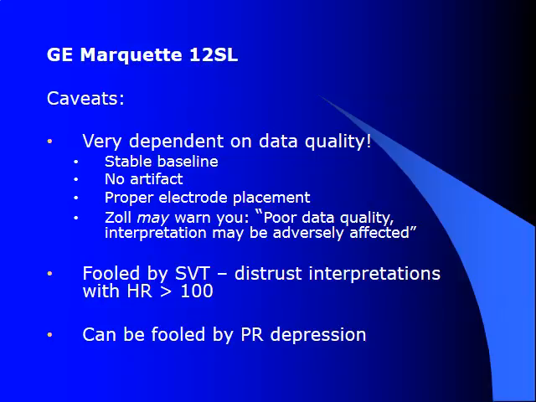For example, out of the Zoll handbook here, you have this quote: poor data quality means interpretation may be adversely affected. So we need to be very cognizant of that as we're placing our leads, and we'll talk about a few things that we can do to minimize poor data quality. A couple other things: it can be fooled by SVT, so for any interpretations with a heart rate greater than 100, we need to be very cautious. And it can also be fooled by PR depression.